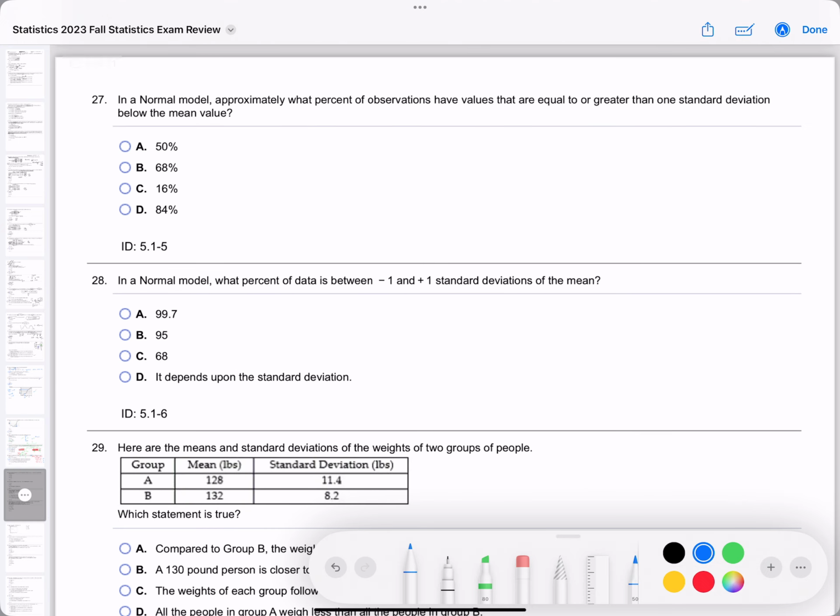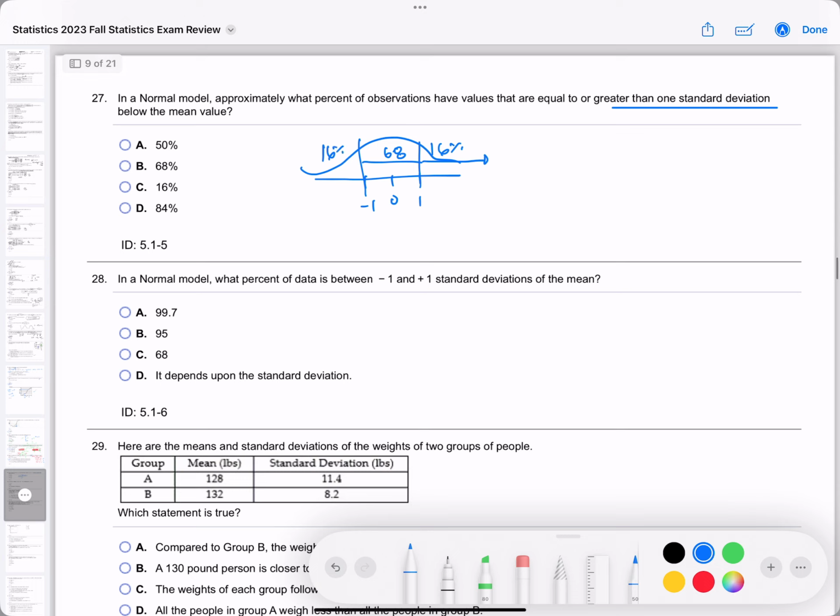Okay, for 27, we want greater than one standard deviation in a normal model. Remember this here, that's 68%. It asks for one standard deviation higher, which is going to be 16%. But what I'm looking for is that one standard deviation is higher than how many? That's a total of 84%.